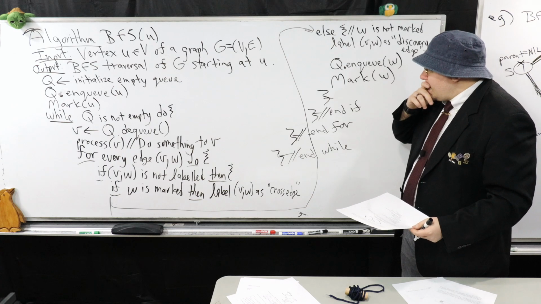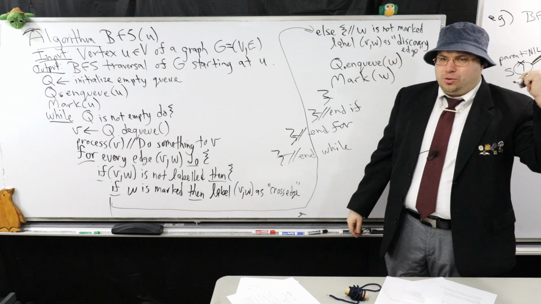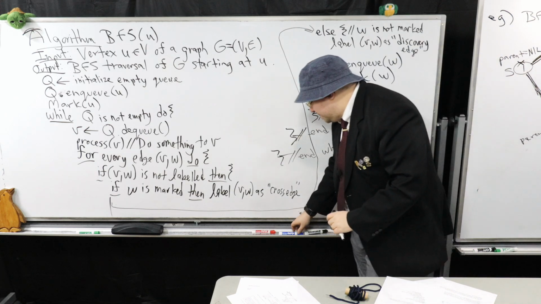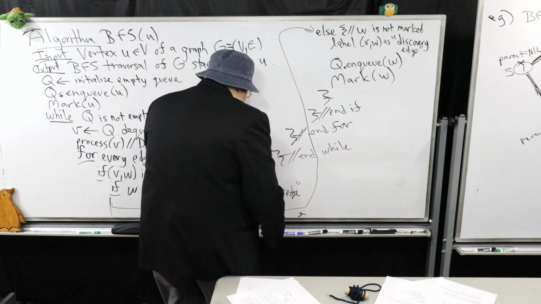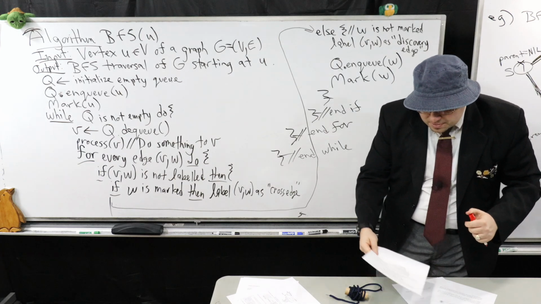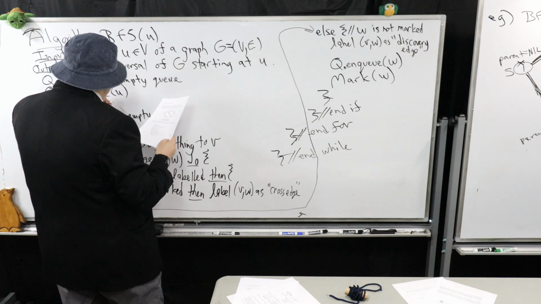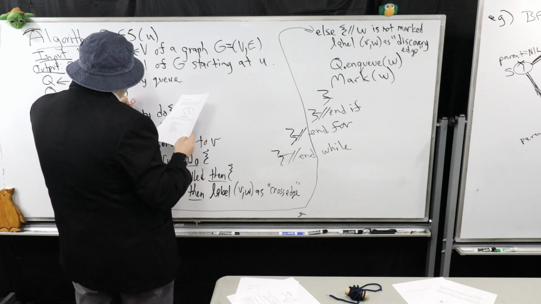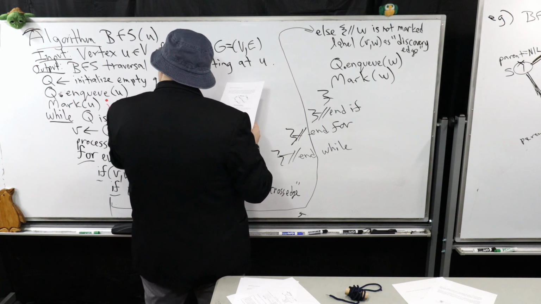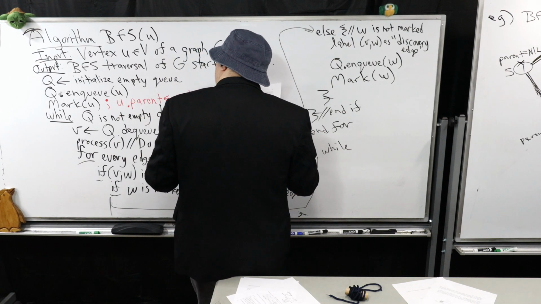So there's just two things I want to point out in here. I talked about this whole business with the parents. I want to show you where those get set. So all I'm going to do is make two modifications. I'm going to label them in red. So the parent of u would be set to null right here before the while loop.